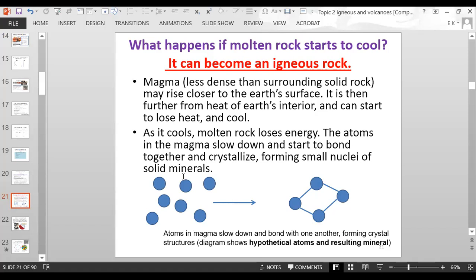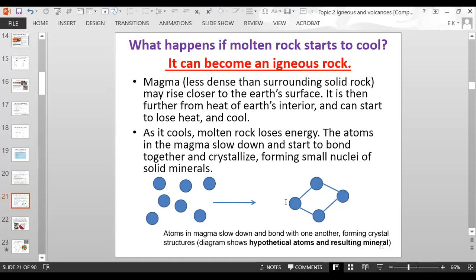So here on the left are some random atoms in magma or lava. And then the magma or lava that these atoms are in is starting to lose heat and cool down. So when a material cools, the atoms are not moving around as much.